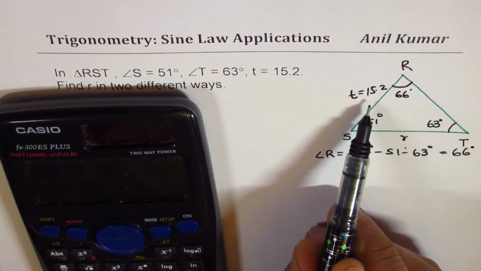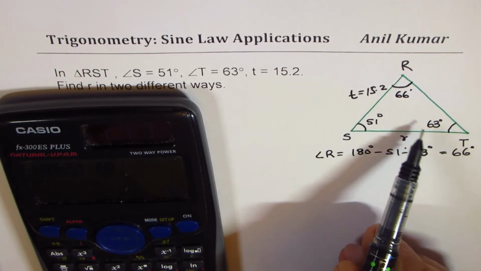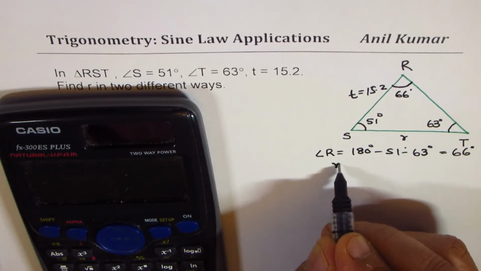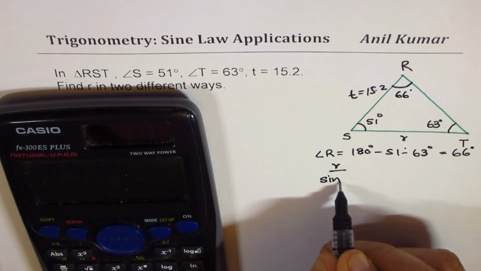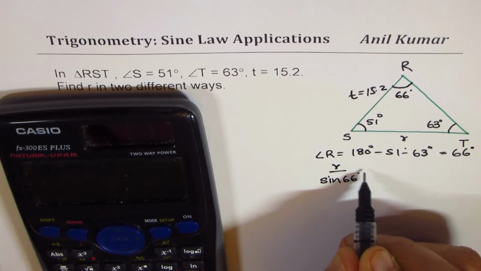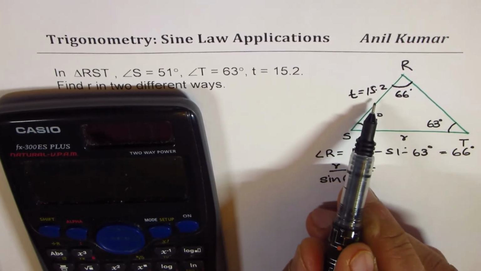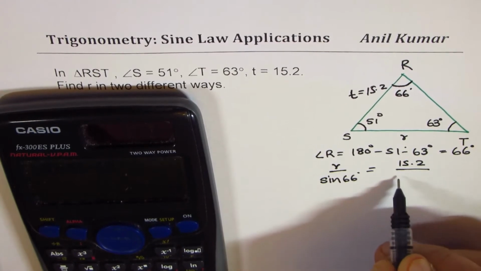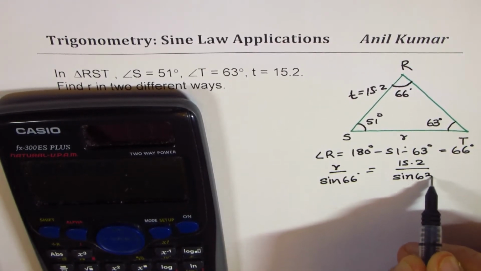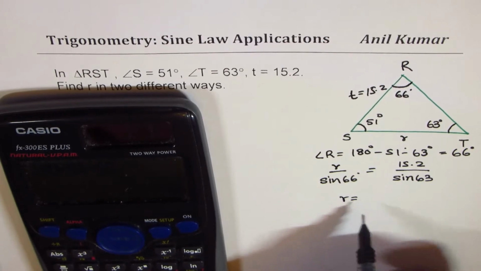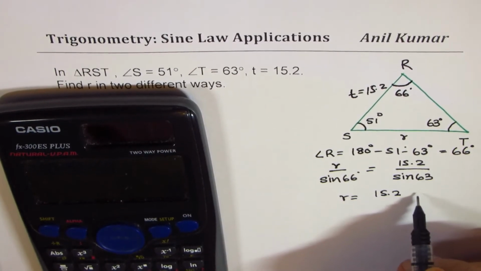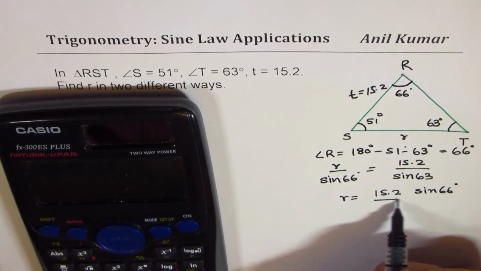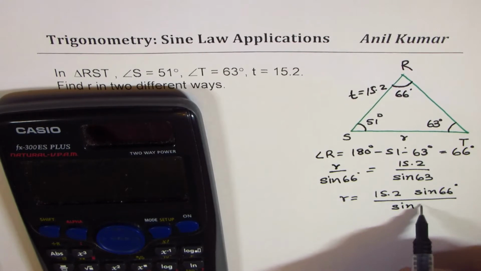Since we have a combination of a side and an angle, opposite side and angle, we can apply sine law. So from sine law, we know r, the side opposite to angle 66 degrees, over sine of 66 degrees is equal to the combination known to us, side length 15.2 divided by sine of 63. So r is equal to 15.2 times sine of 66 degrees divided by sine of 63 degrees.